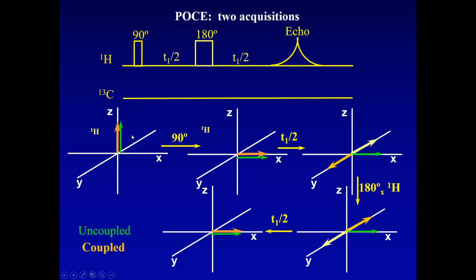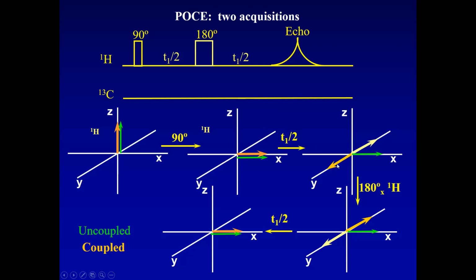At the beginning, before we've done anything, everything is sitting along the z-axis. We do a 90-degree pulse, and we see everything is tipped into the XY plane. It doesn't make any difference whether they're proton coupled or carbon-13 coupled or not. Now, if we set this time delay, T1/2, to just the right length, we end up with that antiphase magnetization.